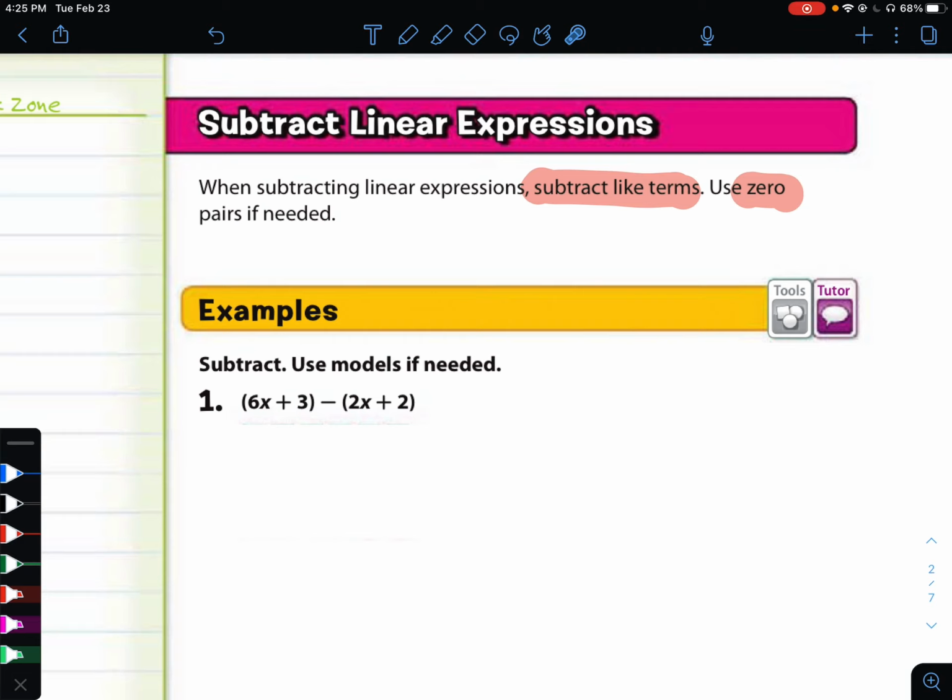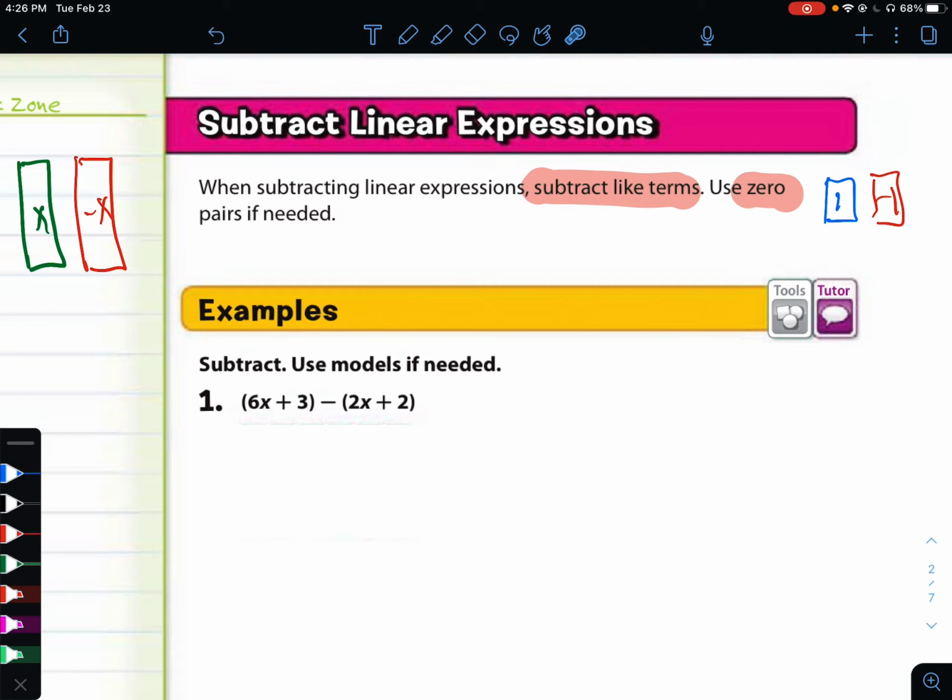Like terms are terms that have the same variable raised to the same power, and zero pairs are simply a pair of one unit tile and one negative unit tile, or a positive x tile and a negative x tile. These are both zero pairs. This is a zero pair right here. This is also a zero pair.